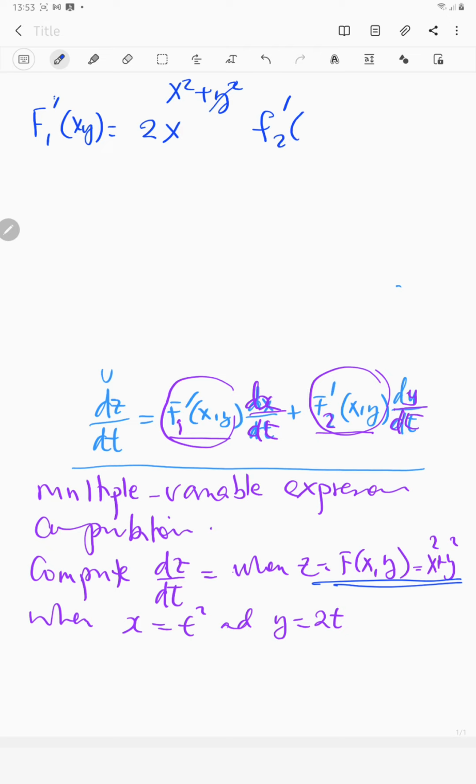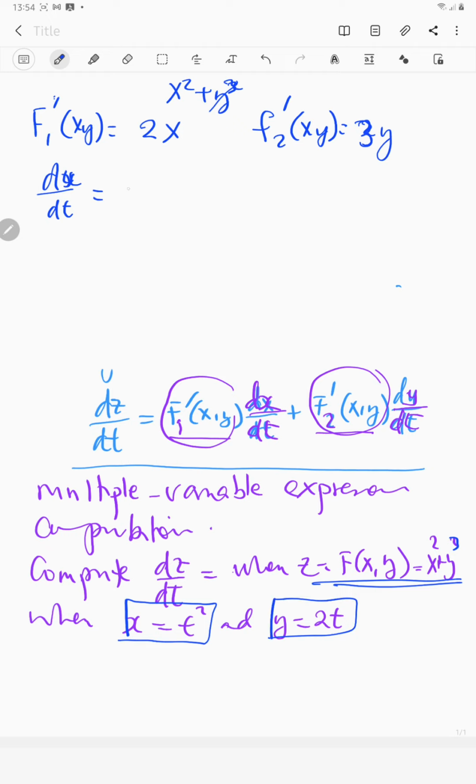If I say F2'(x, y), I should get 2y because the x term vanishes. Then dx/dt: if x is equal to t squared, the answer is 2t. And dy/dt, the answer is 2.